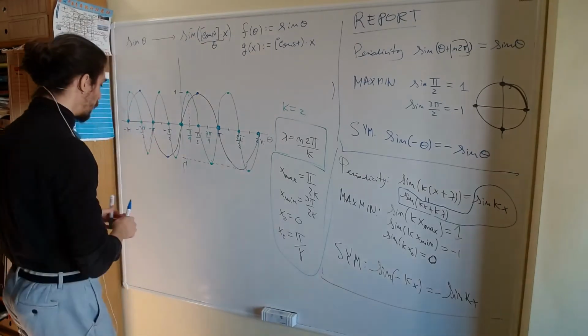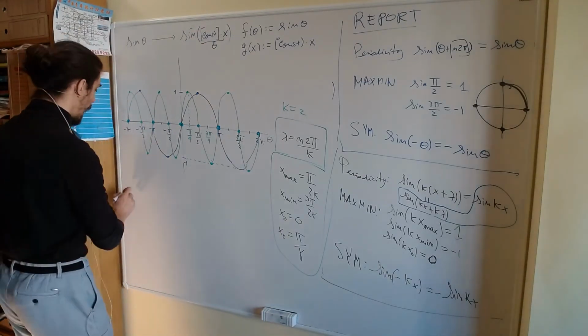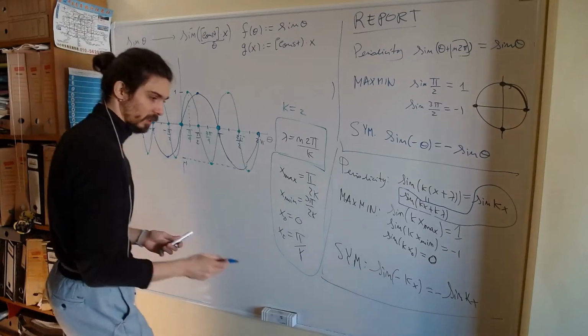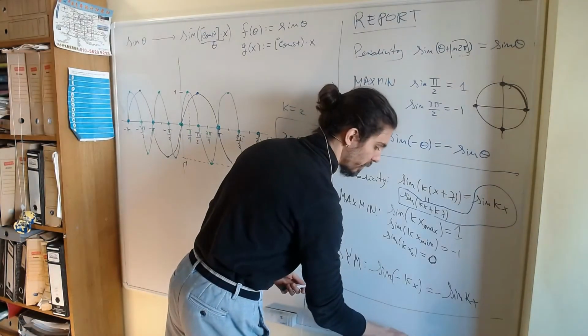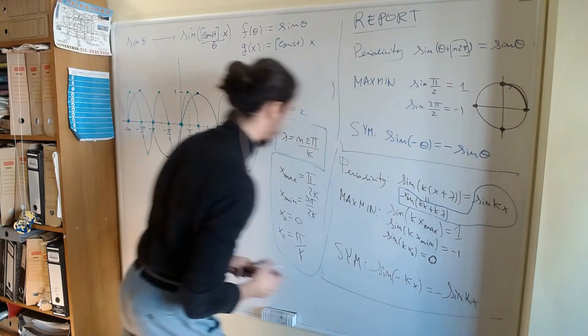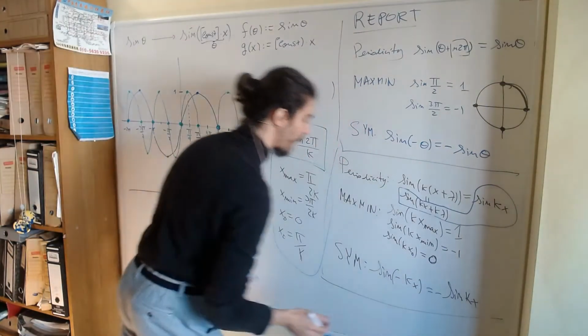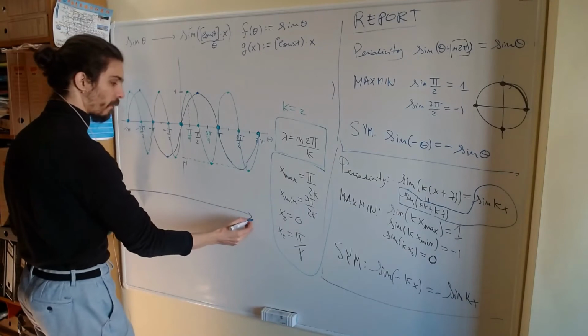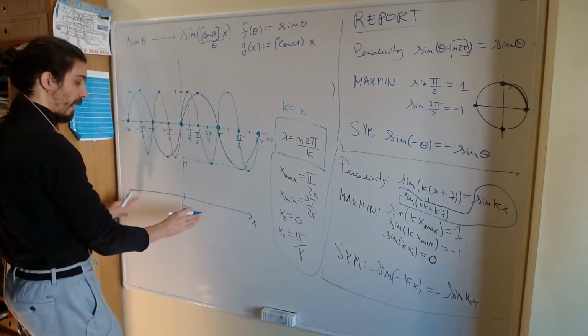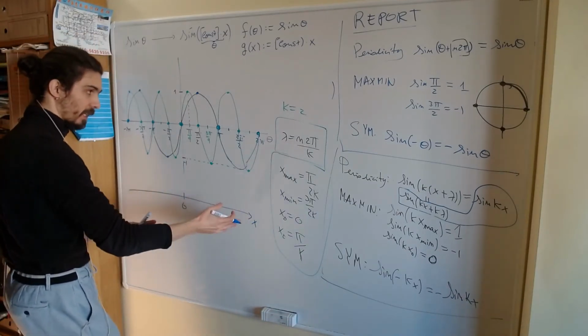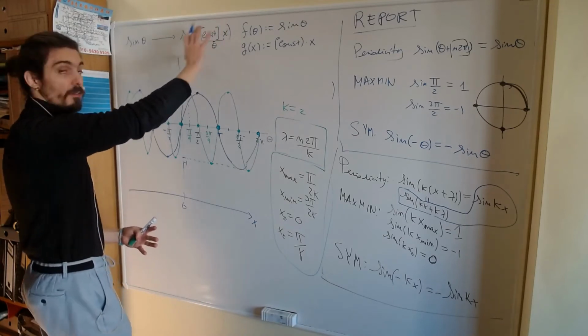So I would need another axis. Call it x. This is 0. And then from this x-axis, draw the function.